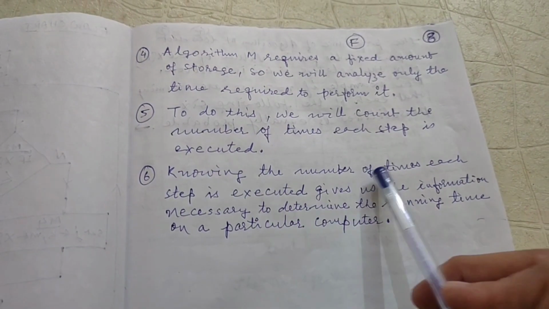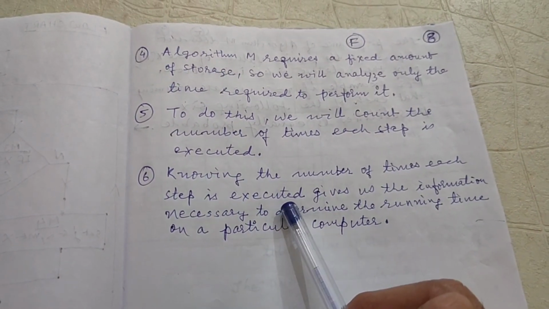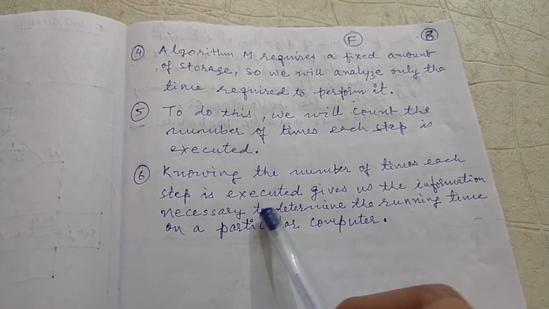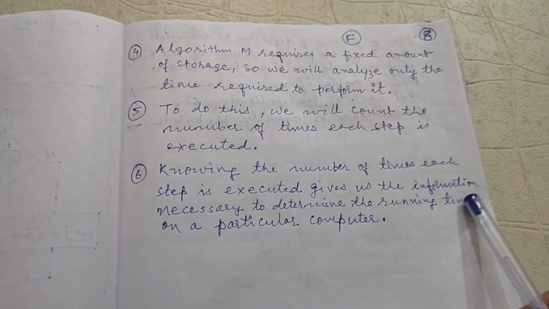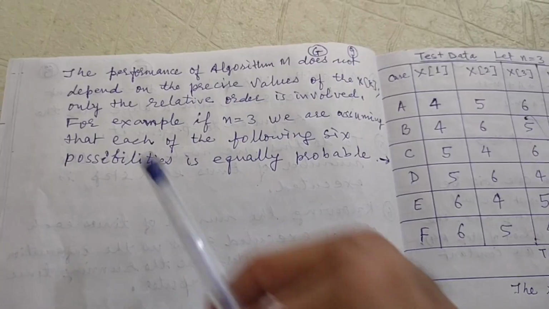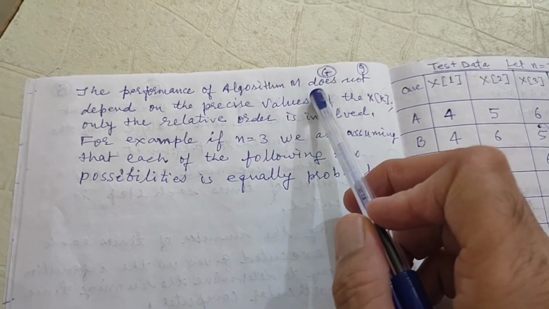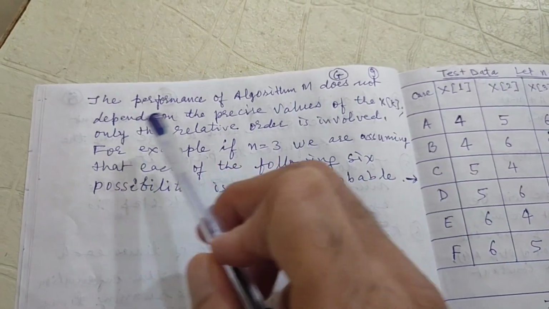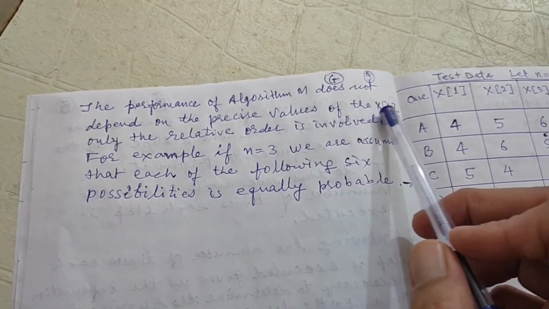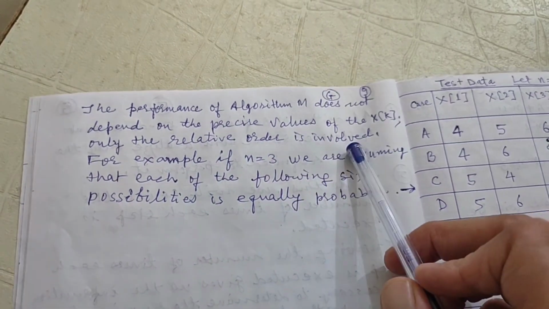Knowing the number of times each step is executed gives us the information necessary to determine the running time on a particular computer. The performance of algorithm M does not depend on the precise values of the xk. Only the relative order is involved.